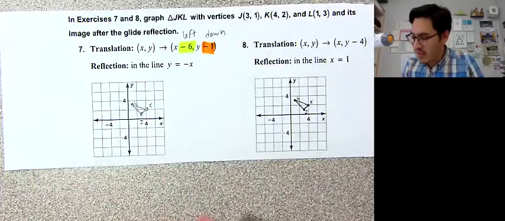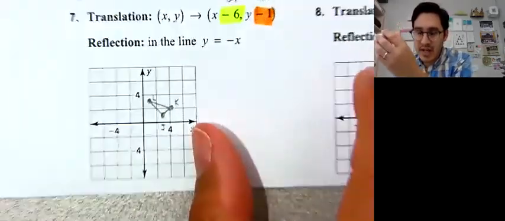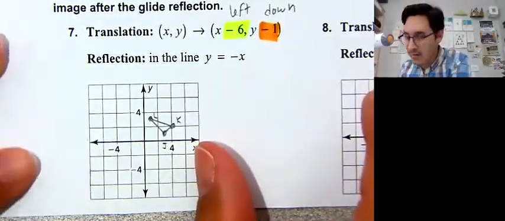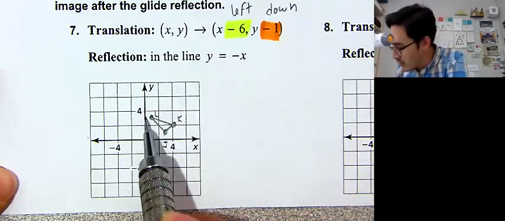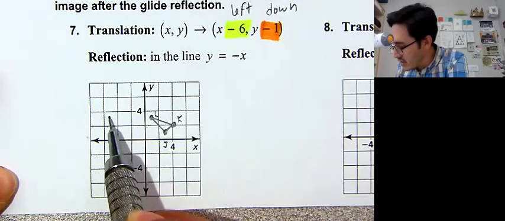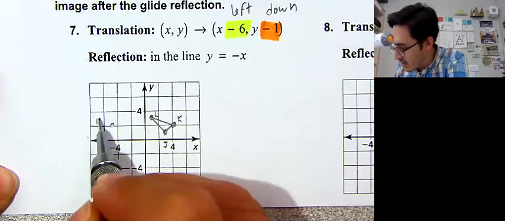Normally I would get out some of that patty paper, that tracing paper, and do it. But because these images are so small, I'm just going to count. I'm going to take the 3 points, J, K, and L, and go 6 spaces left and 1 space down. 1, 2, 3, 4, 5, 6, and then 1 space down. That will be L prime.